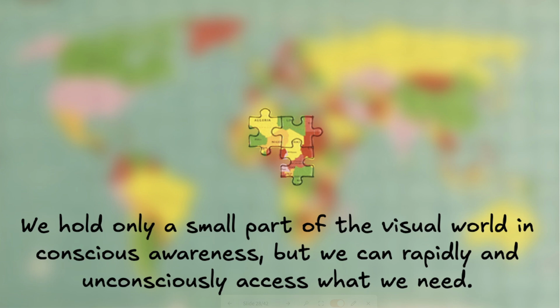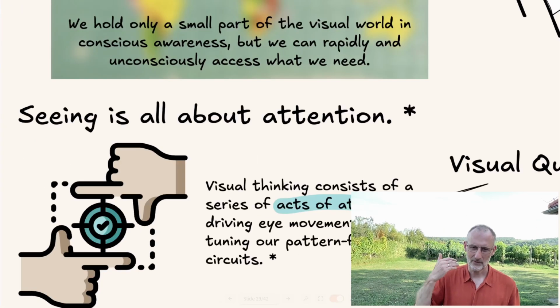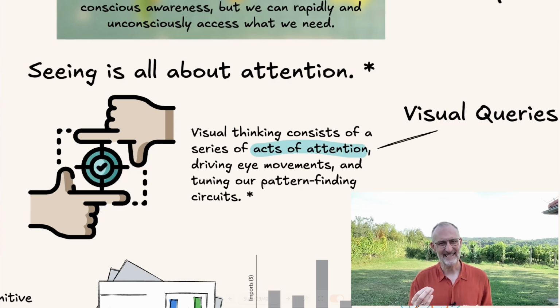And often you don't even realize this, because you can so rapidly and unconsciously access additional information with additional glances that you don't even notice it. But in reality, this is how you see. You will see only that point. The rest you will sort of imagine. It's only an illusion that you have. The rest is there. So from this perspective, seeing is all about attention.